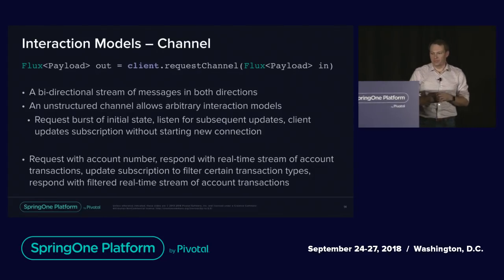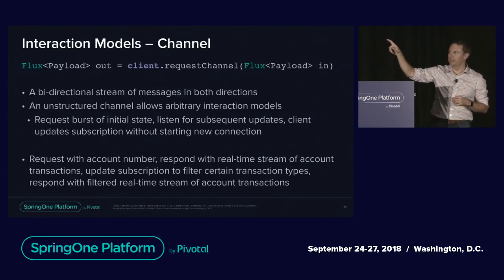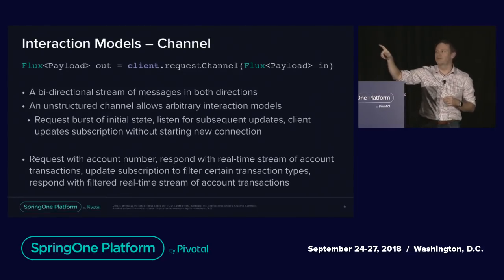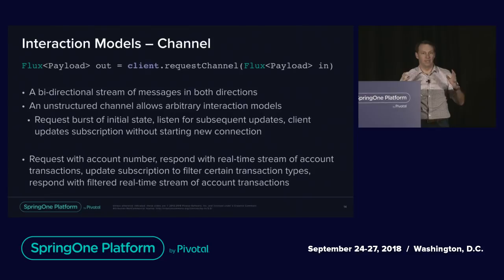Finally, the 4th interaction model is called a channel. And a channel, as you can see, takes a stream of payloads going in and a stream of payloads going out. And that's basically completely unstructured when you see something like this. It's just a bidirectional stream where you can send any data you want in one direction, you can send any data you want in the other direction, and you are responsible for coordinating what those mean, and if messages get crossed up and things like that.